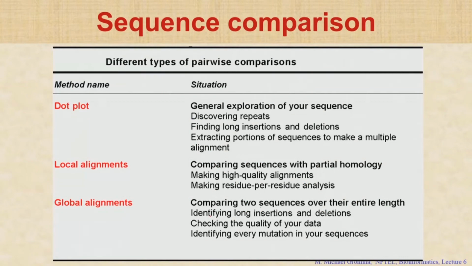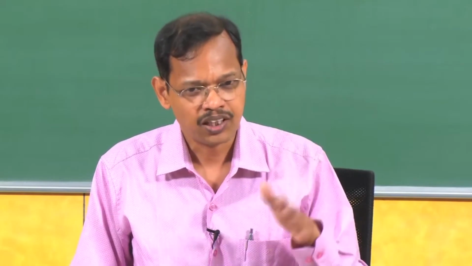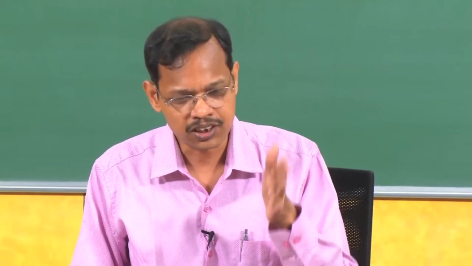So, in this case there are various methods available to compare these two sequences. This is called pairwise comparison. The simplest one is the dot plot. This will compare the two sequences, and if the residues are the same, then we put a dot. I will explain in a couple of minutes. From this plot we can see whether the same residue is located at the same place or whether there is any shift, like a one residue shift in the first sequence or in the second sequence.